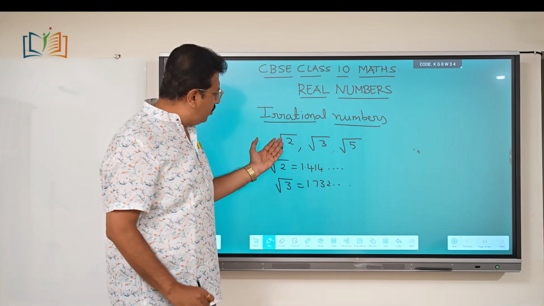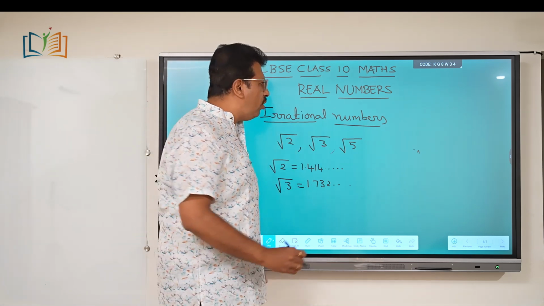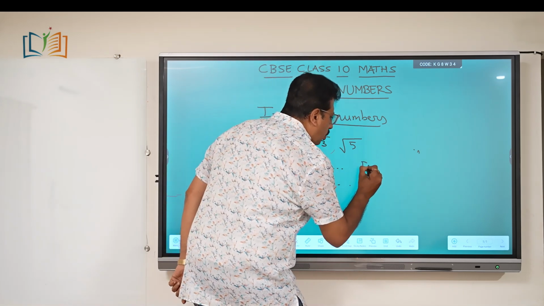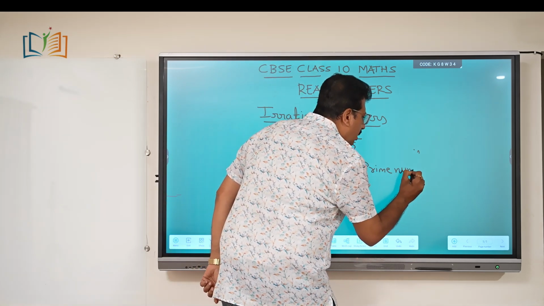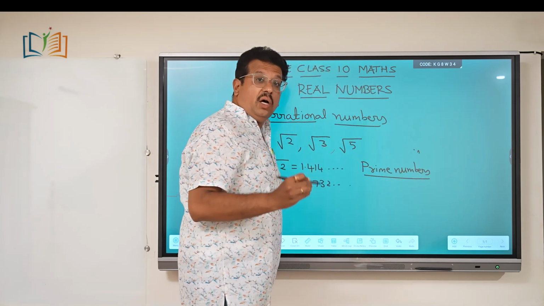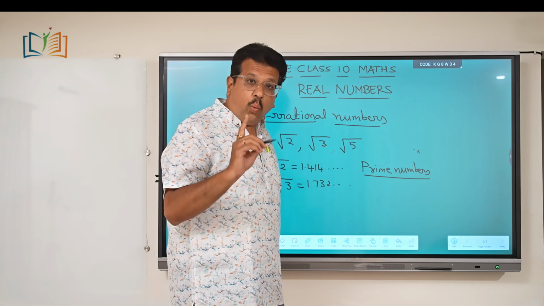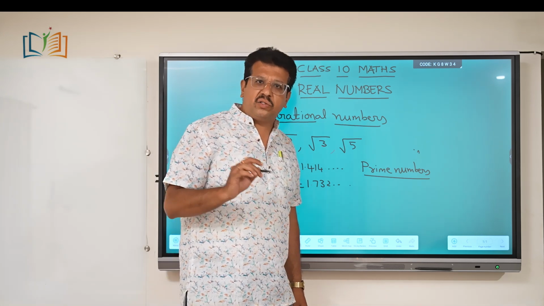The examples I gave you were root 2, root 3, root 5, and you should also have an idea about prime numbers. Prime numbers are those numbers which are divisible by 1 and itself. We call it a prime.